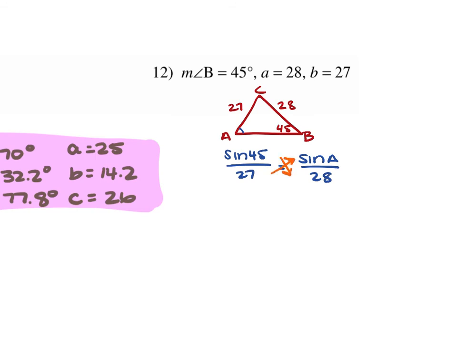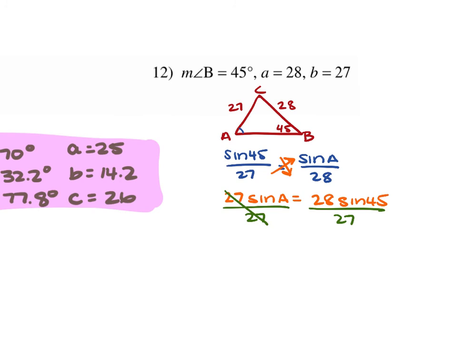Cross multiplying, you're going to get 27 sine A is equal to 28 sine 45. Divide each side by 27. These cancel. Use your calculator. So 28 sine 45 divided by 27 gives us 0.733, and so on. We're okay to work with that. So keep going.